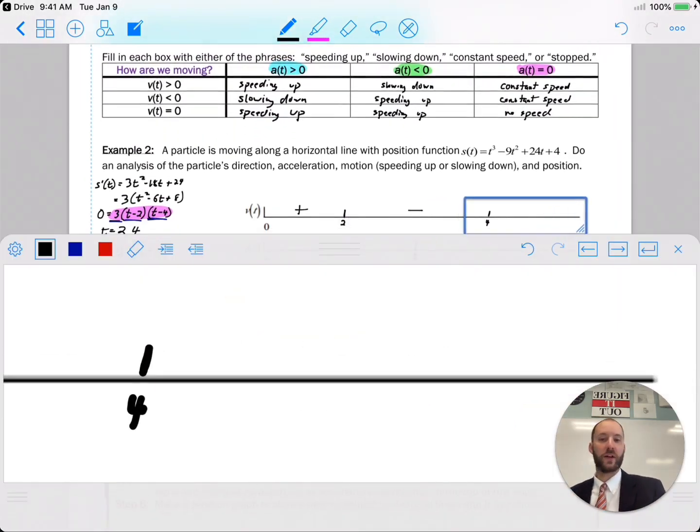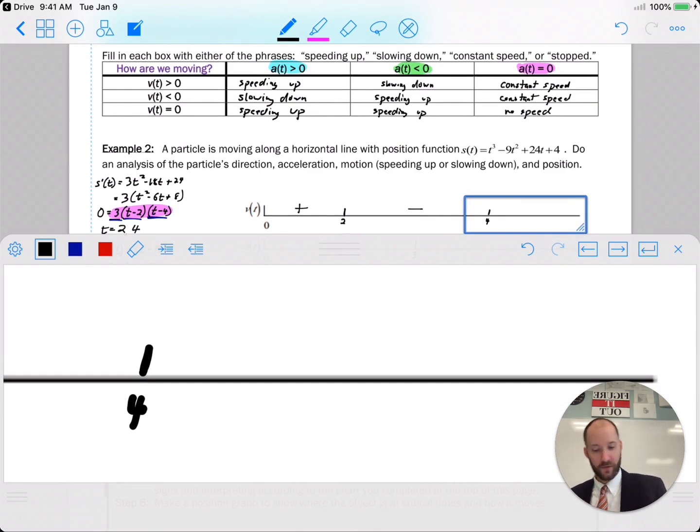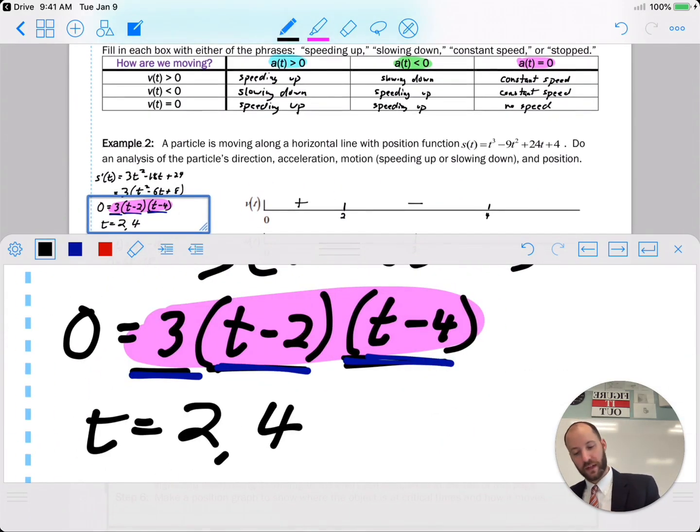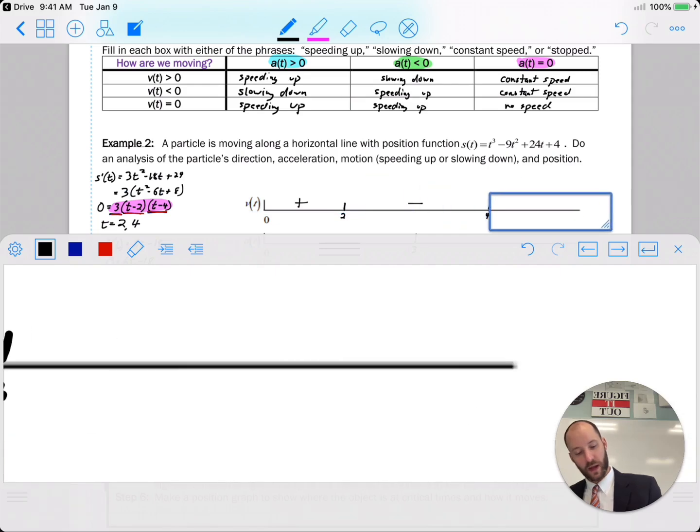Now let's go outside the 4. Let's say 5. So 3 times 5 minus 2, that's positive, times 5 minus 4, that's positive. So positive times positive times positive. So after 4, the velocity is always positive.